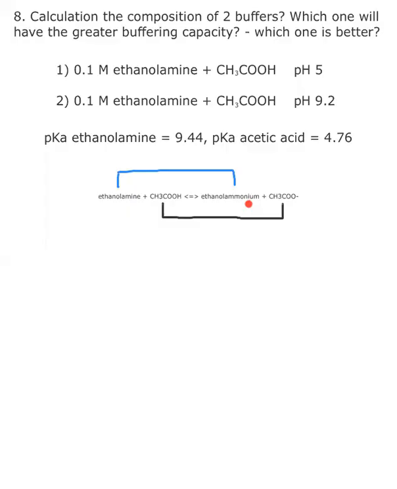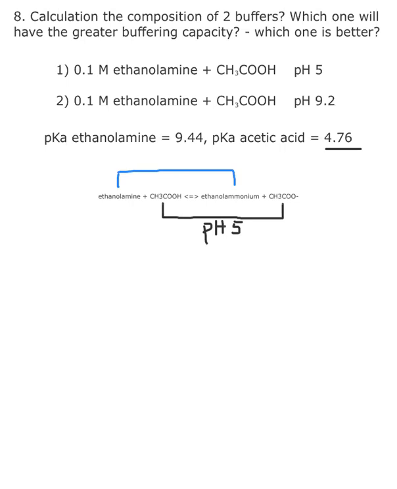So one buffer system would work only at a certain pH. Okay, so because the first one we have pH equal to 5, since pH 5 is closer to the pKa of acetic acid, 4.76 here, it means that at pH 5, the pair of acetic acid and acetate will work as a buffer system.